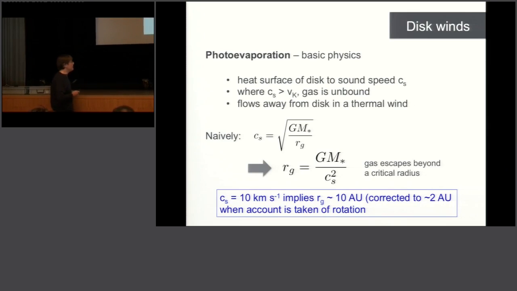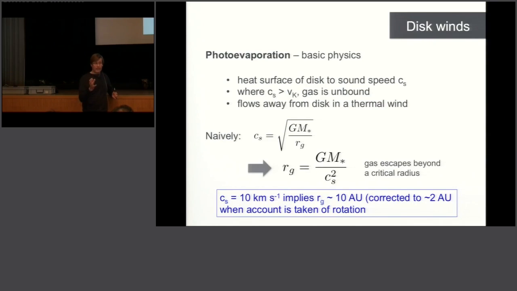And if we just substitute some numbers, if you say the sound speed is 10 kilometers per second, which is about what would be appropriate if you managed to actually ionize the gas, so you had the equivalent of an H II region in a very thin skin on the disk surface, then this formula would give you about 10 AU for this critical radius. Now that's a rather naive estimate because it doesn't take into account the role of rotation.